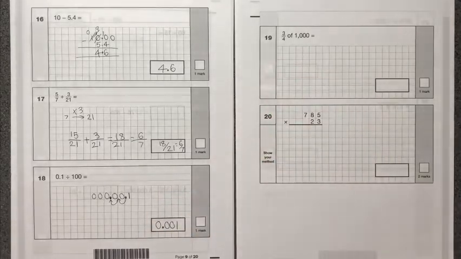Question 19. What is 3/4 of 1,000? Now to work this out, the first thing we need to do is to divide 1,000 by 4.